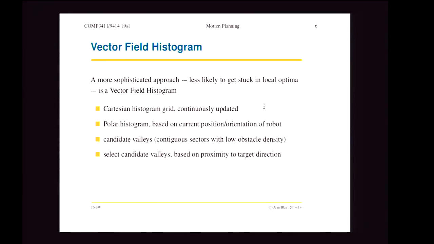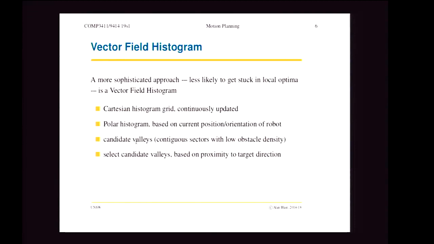Polar coordinates means relative to the position of the robot, you measure the angle and the distance to the objects, and you're continuously updating both of these maps. So you've got a global Cartesian map and a local map in the polar coordinates, and based on this information you try to identify candidate valleys.